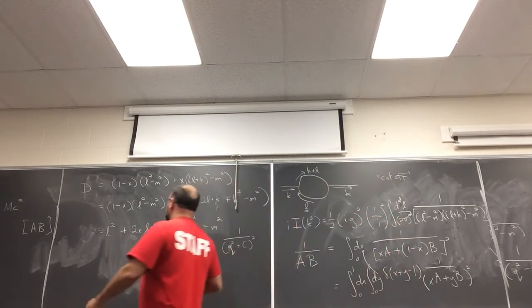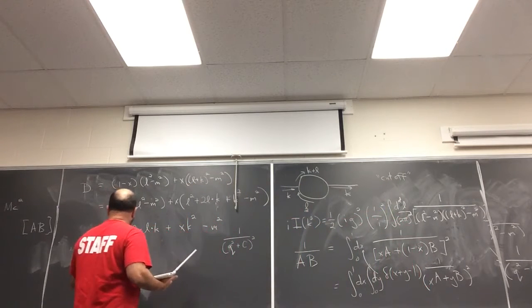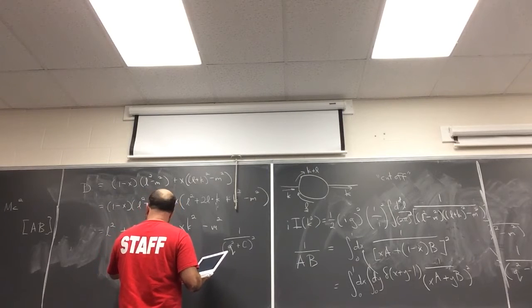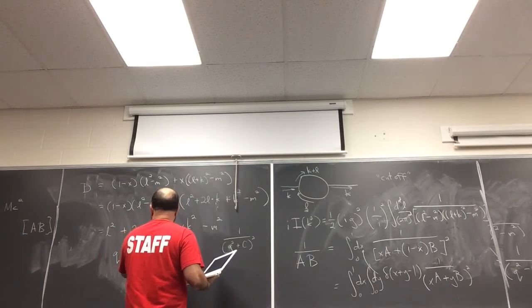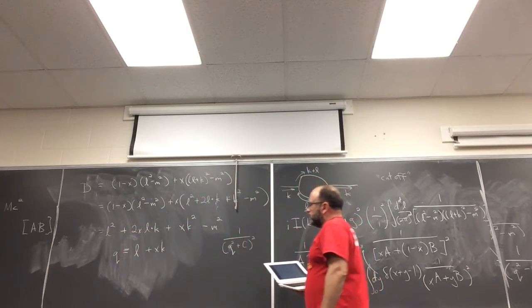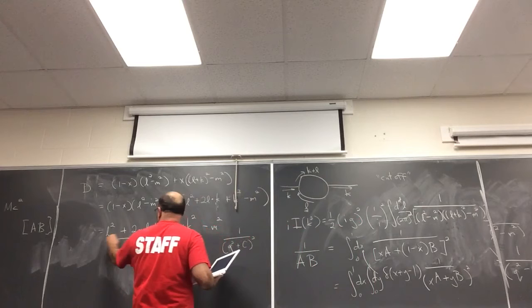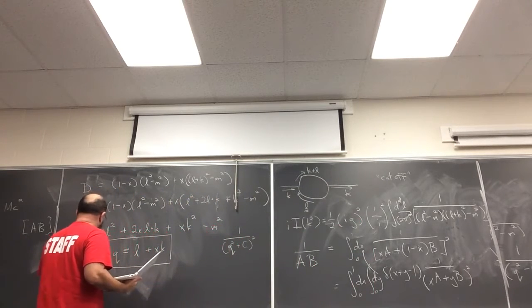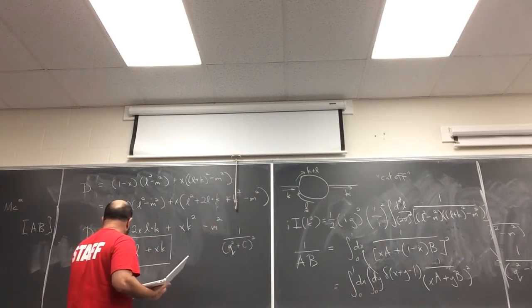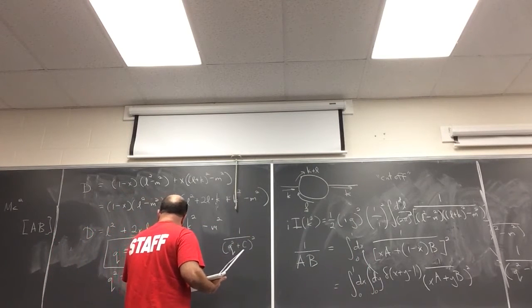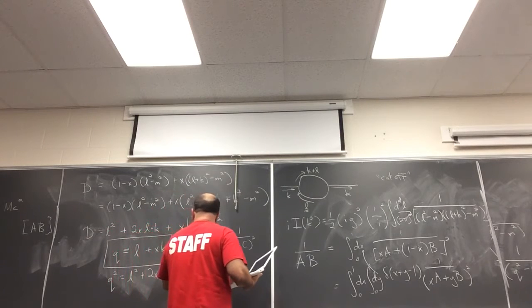To do that, I'm going to introduce a new momentum, Q, defined as L plus xk. This is my new variable. Let's see how it helps us. If I take Q squared, it's L squared plus 2x L dot k plus x squared k squared.